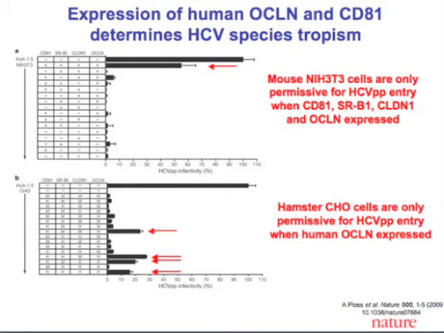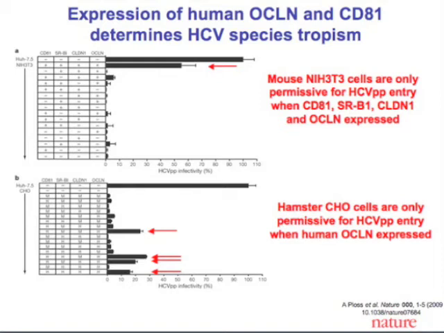And when you express claudin-1 on these mouse cells that express CD81, scavenger receptor B1, and claudin-1, in addition, when you express occludin-1, you can get pseudoparticle entry when CD81, scavenger receptor B1, claudin-1, and occludin-1 were expressed.